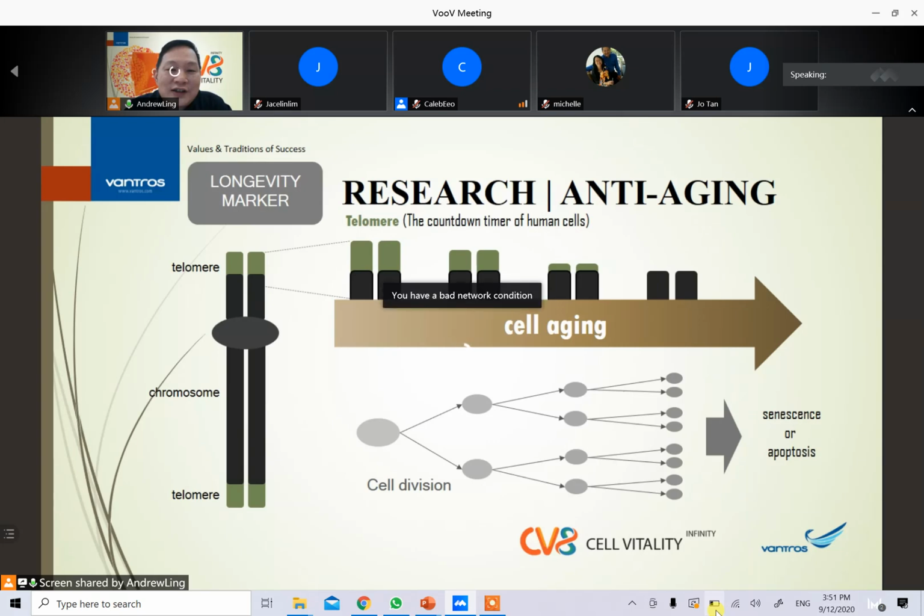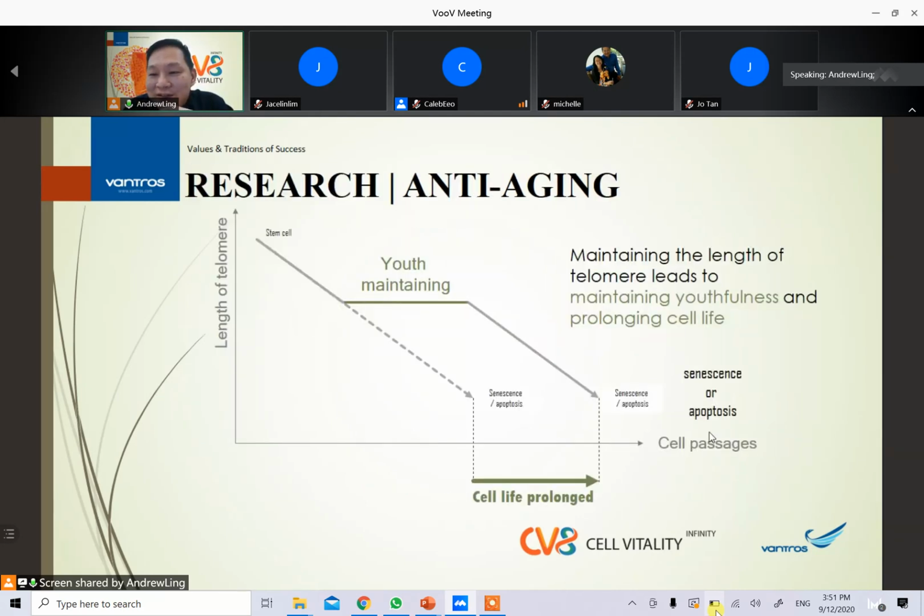According to the research, for those people who consume this CMC wild stem cell, it can maintain the length of your telomeres to a certain extent, which leads to maintaining your youthfulness and prolonging life.